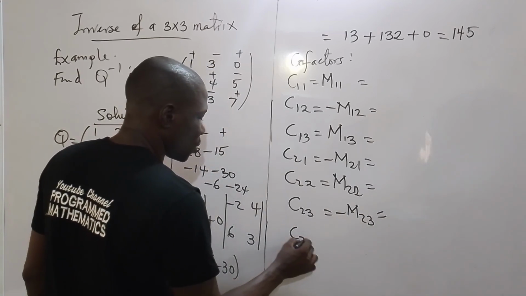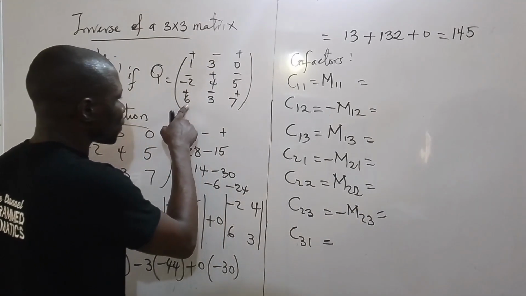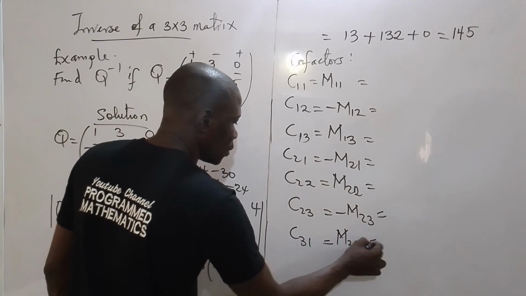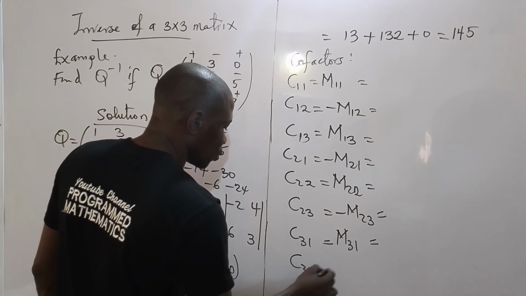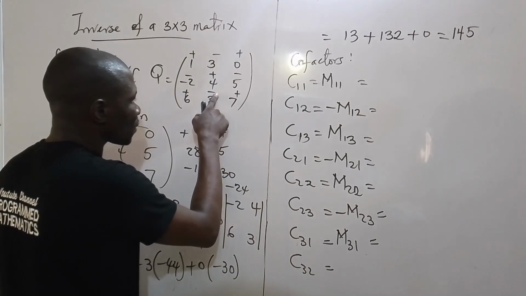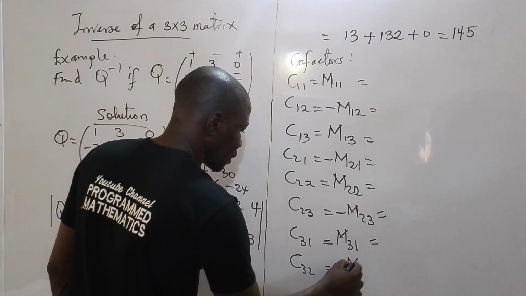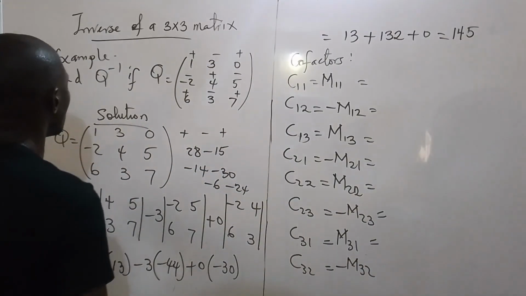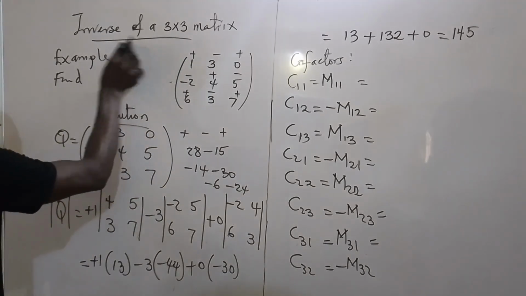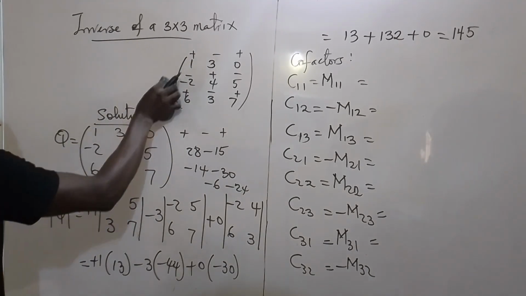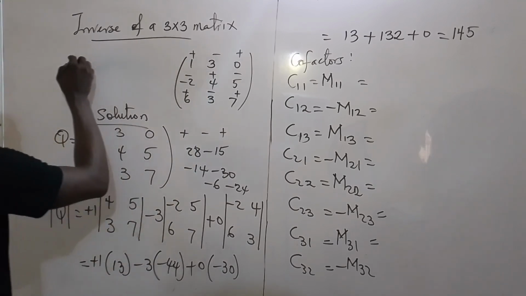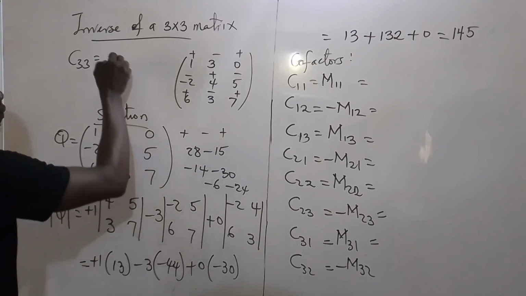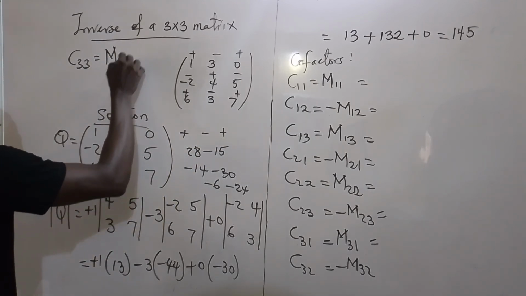Then C31, the sign convention is positive, so this is plus M31. Then C32, the sign convention is negative, so this is minus M32. Then the third one, C33, the sign convention is positive, so this is M33.